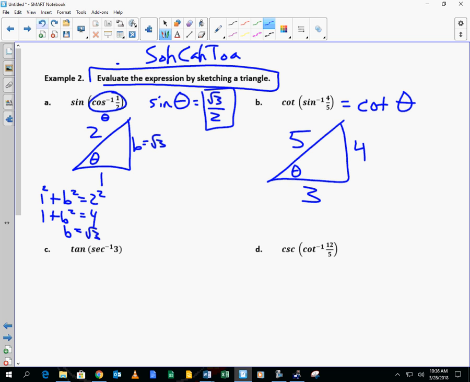So really, this question is asking, what's the cotangent of theta? Tangent's opposite over adjacent, so cotangent is adjacent over opposite. So we get 3/4. Did I detect a question in the crowd? We recognize it's a 3, 4, 5 right triangle, or use the Pythagorean theorem.